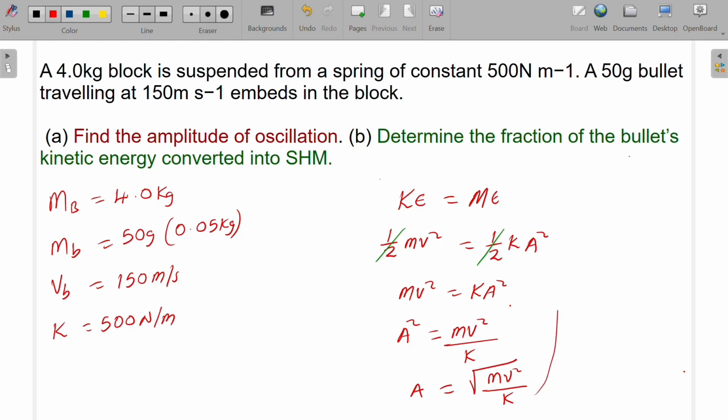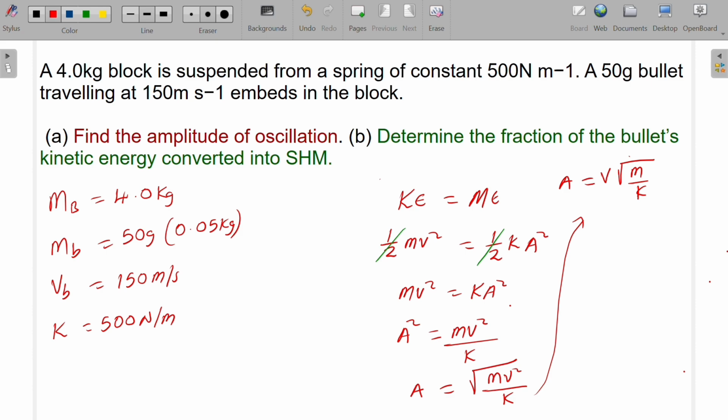So this one now going to the other side, since this v has a square there, on the v part, the square will cancel with the square root. So in other words, our amplitude here will be equal to, let's take v out of the square root, since it has already cancelled its square with the square root, and this will multiply by, on the other side, we'll have m divided by k.